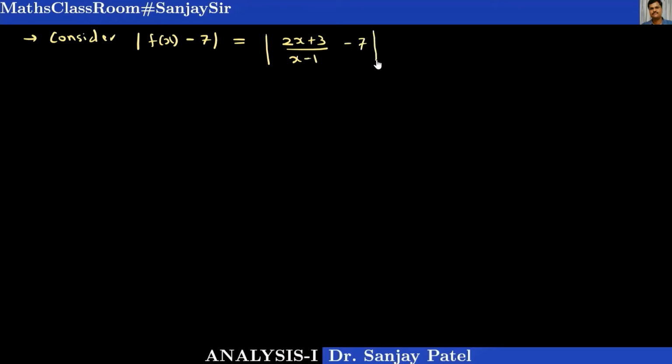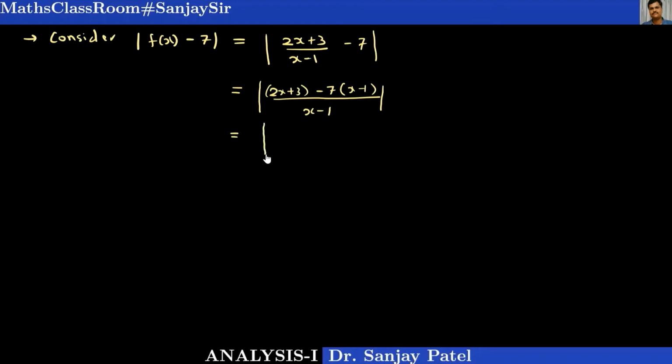minus 7. The first step in such kind of expression, that is a rational expression you can see here, always try to simplify this. So I will be taking LCM here, which is x minus 1, and then writing it, this will be minus 7 into x minus 1. You know, this is a simple rational expression simplification.